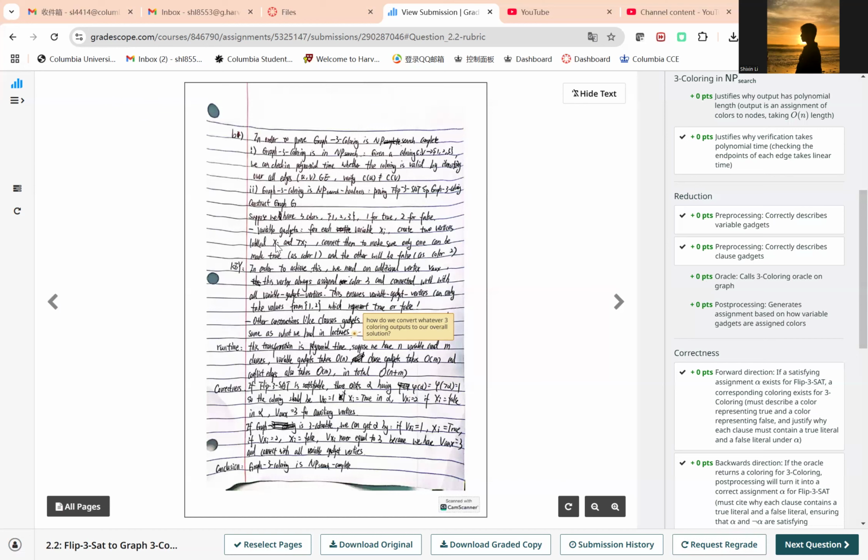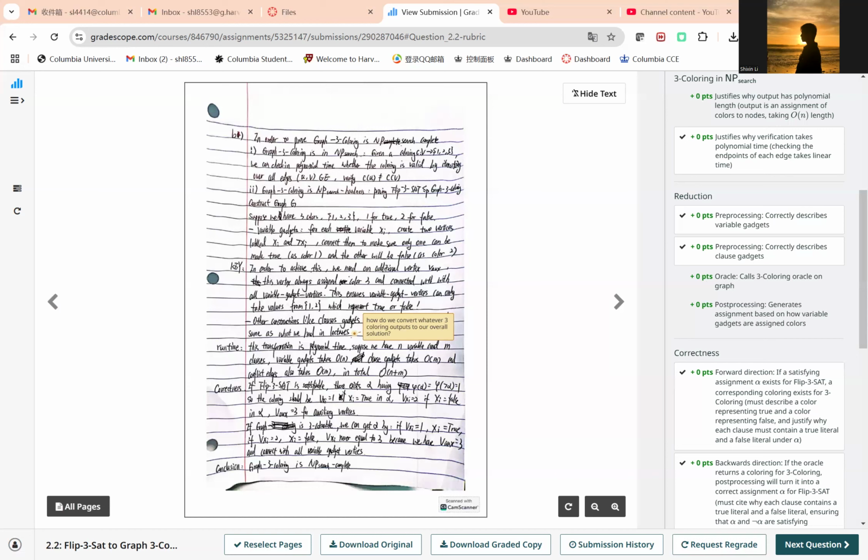So let's use an example to illustrate this. In order to better illustrate this, for example, if the literal is xi, and it's connected to the negative xi, which has color B, that means the positive xi has color A. And in this case, because we need to make sure that the literal xi is 1, is true, xi is true, right?